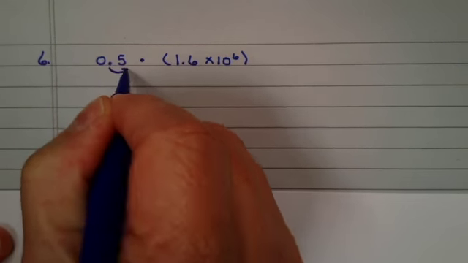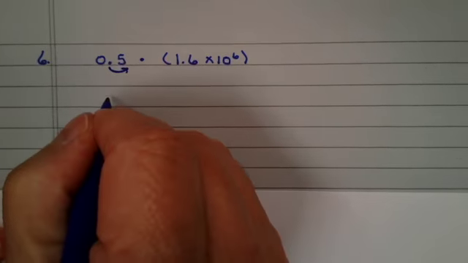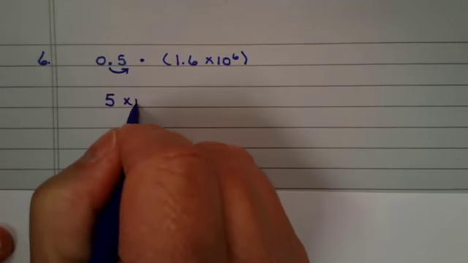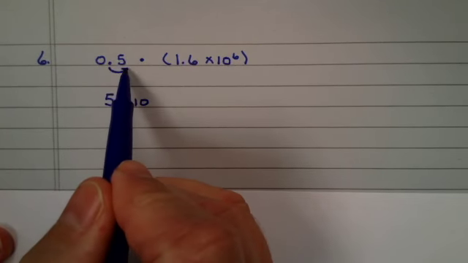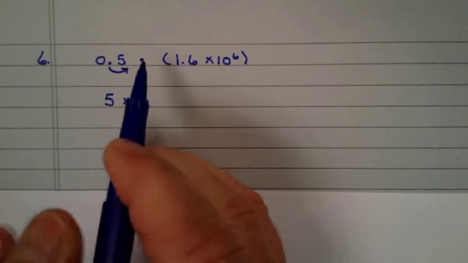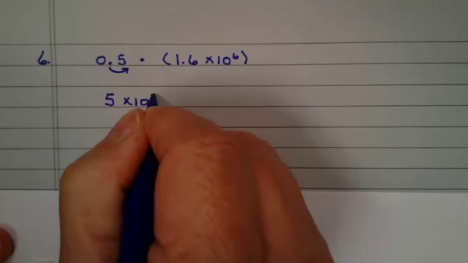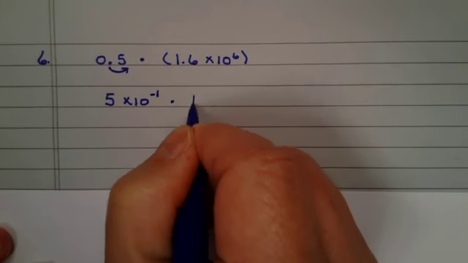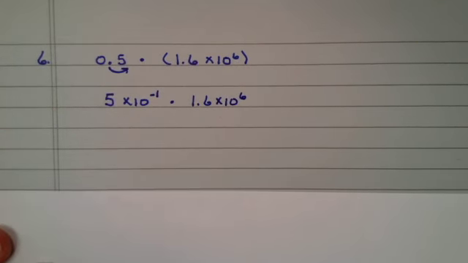Remember, moving the decimal place in this direction because I need to have one number in front of the decimal. Times 10. When I move the decimal in this direction, these numbers go down to negative 1. Rewrite the other one.